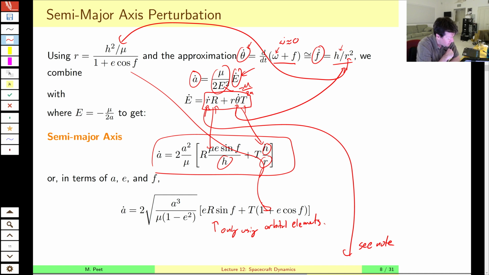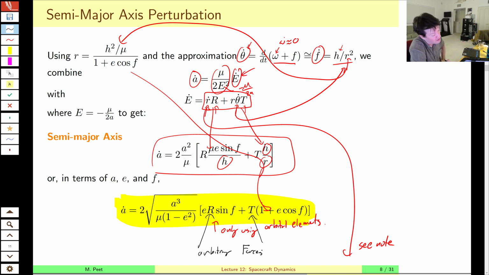So this is the expression that we'll be using primarily for the rate of change of the semi-major axis in this lecture and in the next one, expressed in terms of the forces. Again, these are arbitrary. They could represent drag, they could represent gravity gradients, they could represent solar wind.